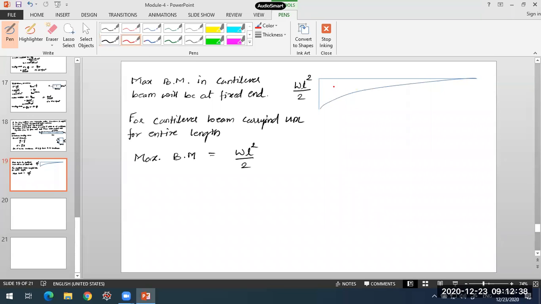And this is a hogging bending moment, so negative. Just to indicate the nature of bending, it is taken to be negative.